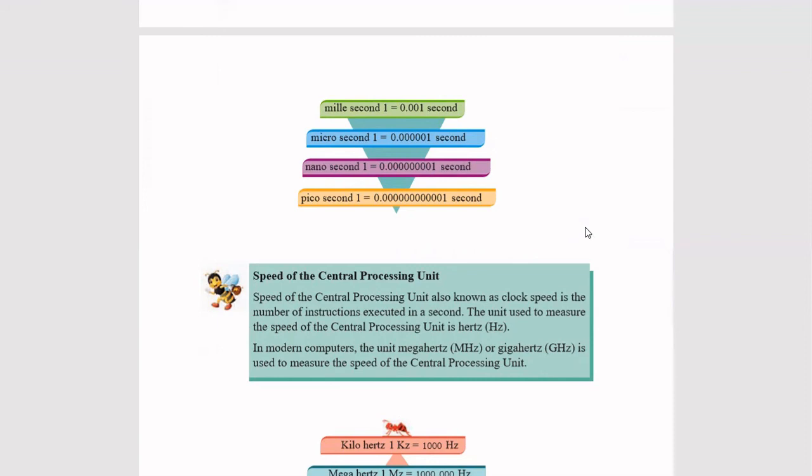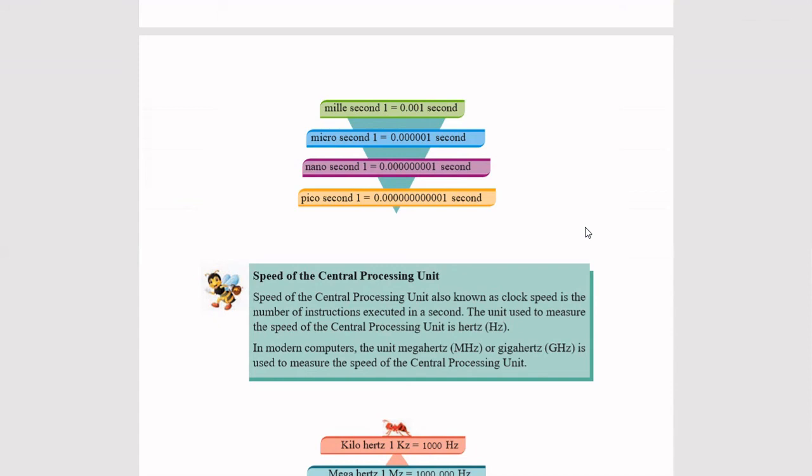Okay, understood? If you go with the terms of 10 to the power, the first one is millisecond, that means 10 to the power 3 milliseconds. That means 1,000 milliseconds are equal to 1 second. And about microseconds, 10 to the power 6 microseconds are equal to 1 second.